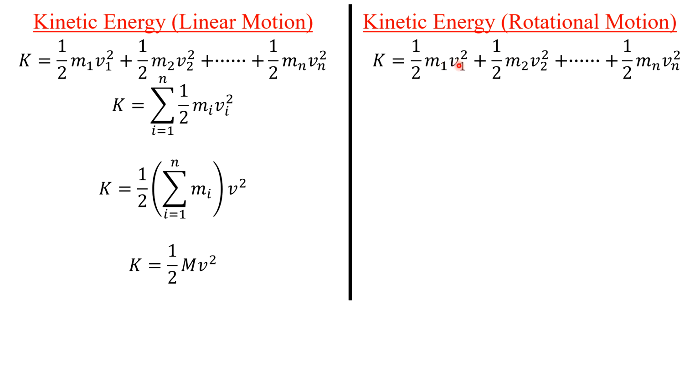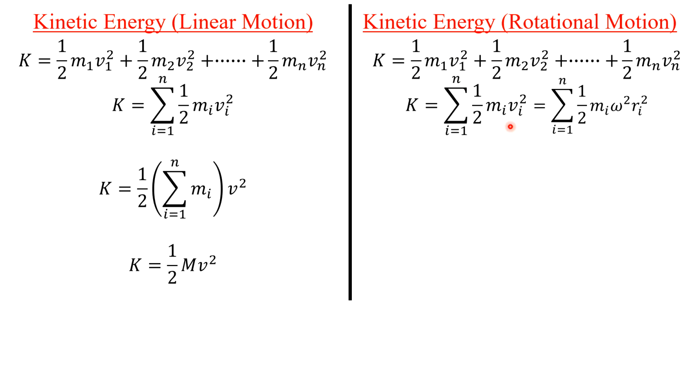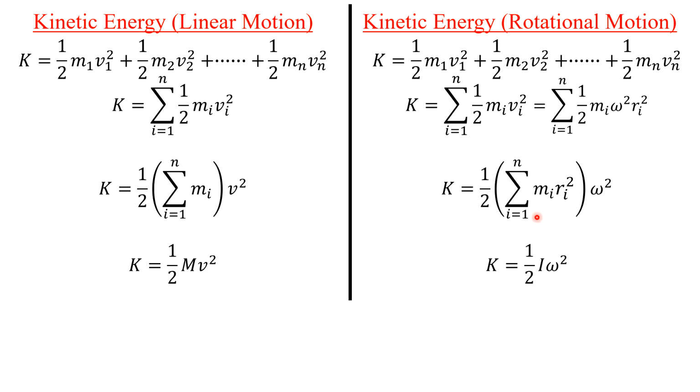Linear velocity vi may be different, but the angular velocity for every particle is same, and therefore we get K is equal to summation 1/2 mi omega square ri square. So K is equal to this because omega is constant. Now let us call this bracketed term as I. So we get K is equal to 1/2 I omega square.